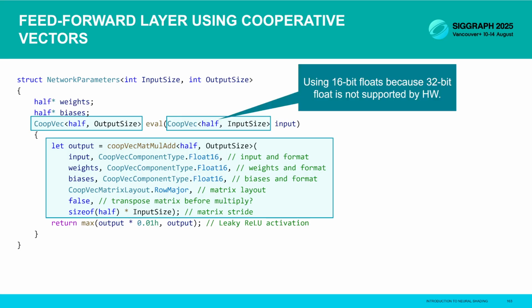One thing to note is that we're using 16-bit float for the weights here. You may be tempted to use 32-bit floats for simplicity, but please don't try that, because they are not supported by most GPUs for coop vector intrinsics. But apart from that, it is just this simple to use cooperative vectors to speed up neural network inferencing. If you are only doing inferencing in shaders, this is all you need.